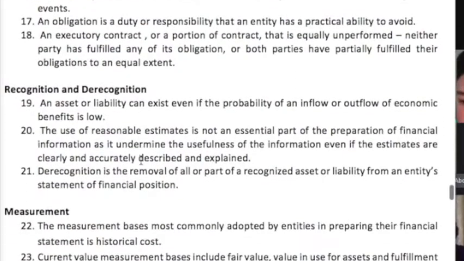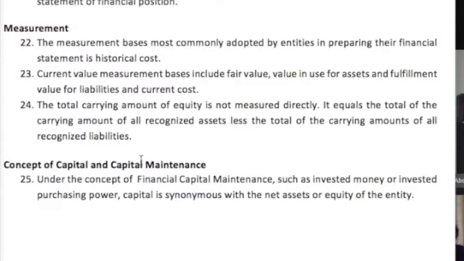Next, 22. Read it first. The measurement basis most commonly adopted by entities in preparing their financial statements is historical cost. True. I think I've mentioned that in one of the videos, class, even though I have not discussed this particular chapter of the framework.